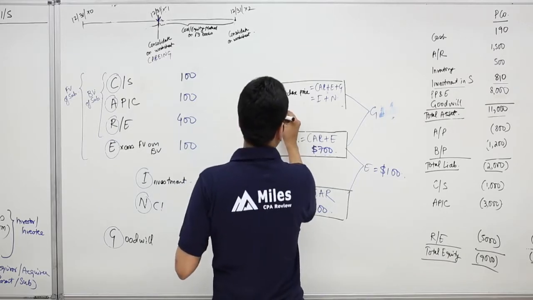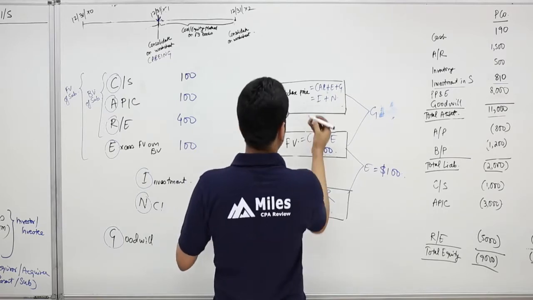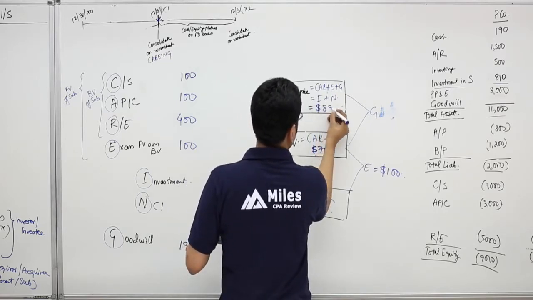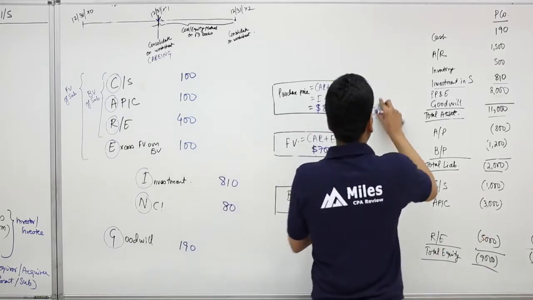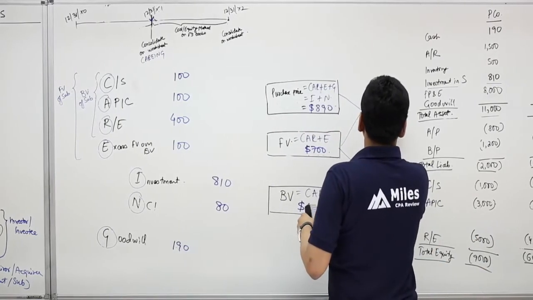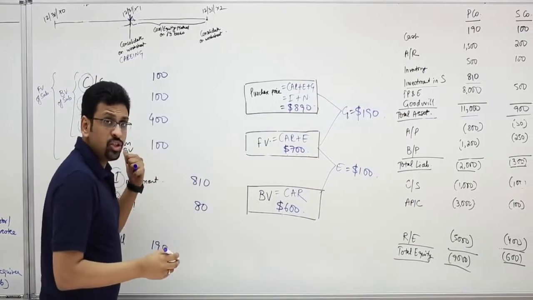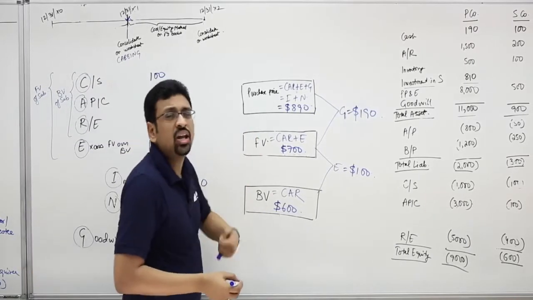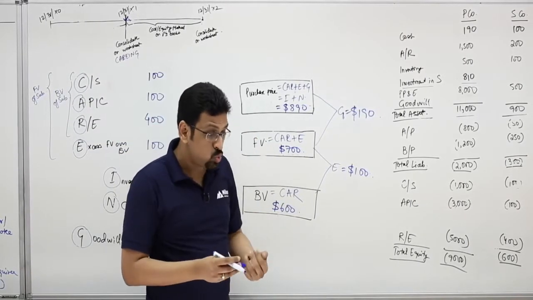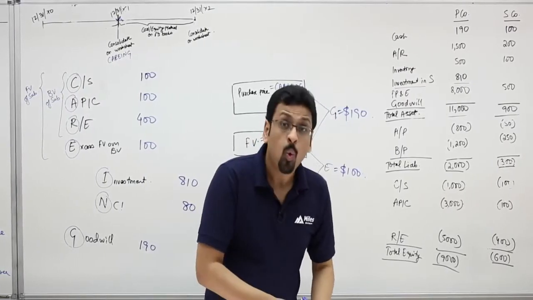This number calculates to 810 plus 80, 890. 890 minus 700 gives us goodwill, which is $190. So we're good with the journal entry, eliminating journal entry, carrying. We've built up a chart just to make sure our understanding is very clear on this, and then we're going to fit in the numbers on the worksheet.